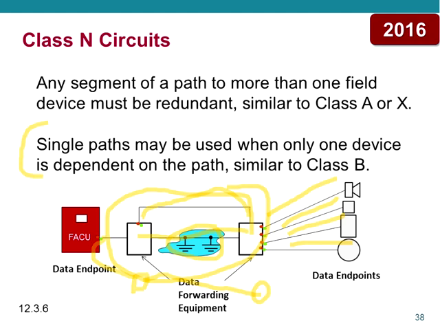Now, if I've got one copper connection like this, I can use a wireless connection to supplement that. But I have to have two pathways. And again, we call circuits and pathways interchangeable things now. A pathway can include a radio frequency or some other type of wireless communication.